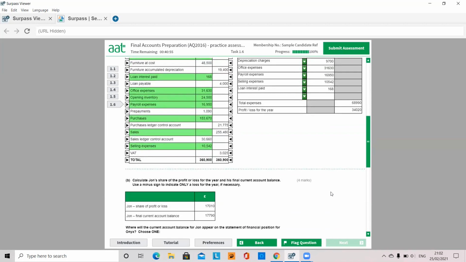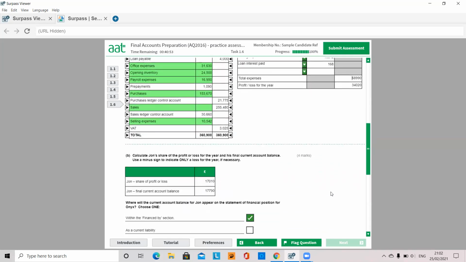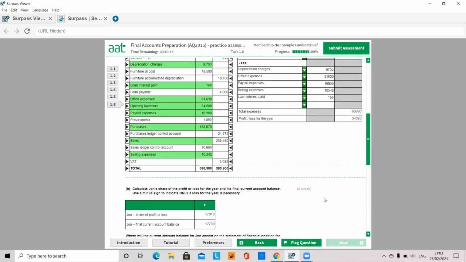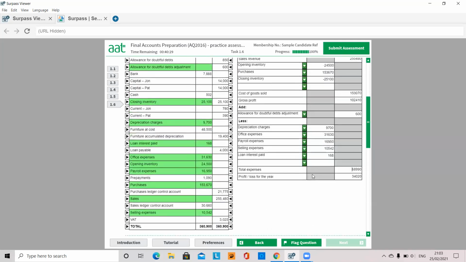It now says we're going to calculate John's share of the profit or loss for the year in his current account. It says use the minus sign to indicate only a loss for the year if necessary. So John's share of profit and loss. What was John's share?